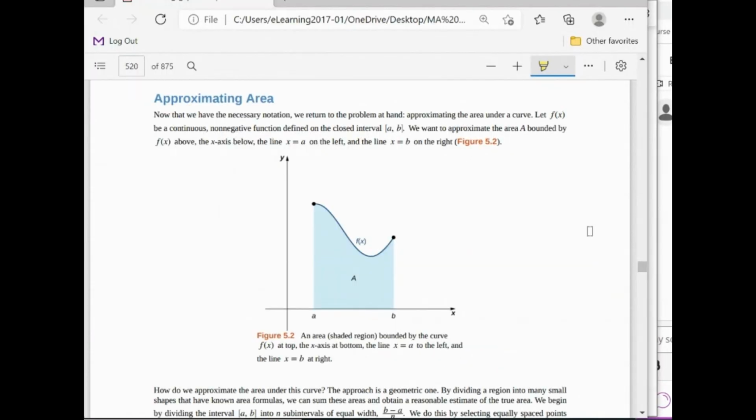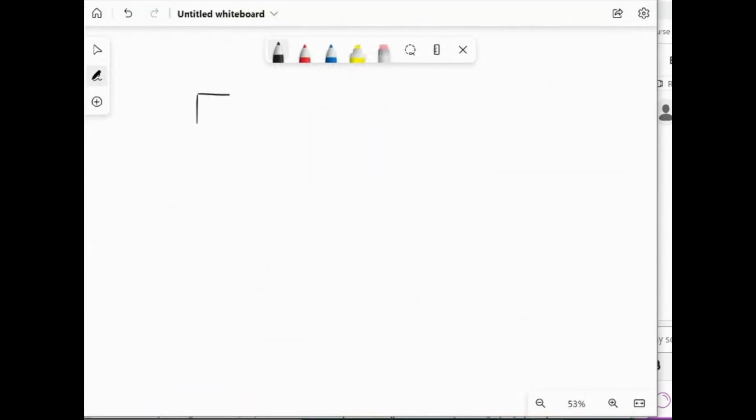Our main purpose for discussing this was finding areas under the curves. So if we have regular geometric shapes, like a rectangle with sides A and B, what is the area? We can multiply the two sides, A times B, to find the area of a rectangle.